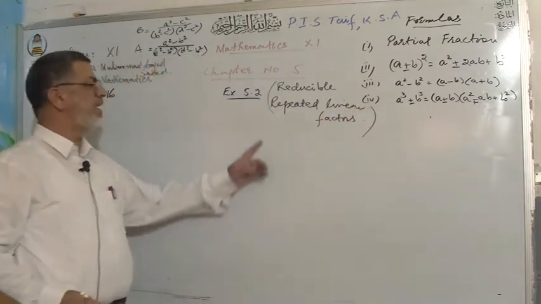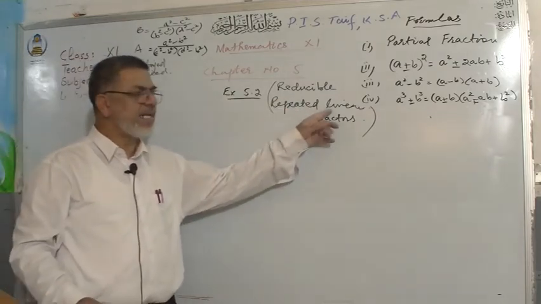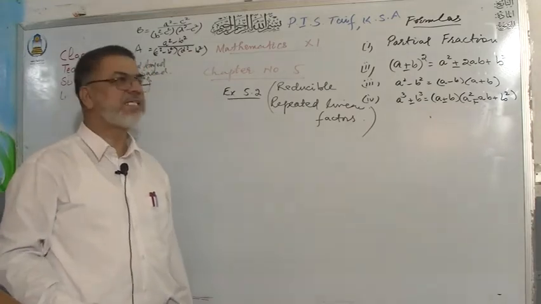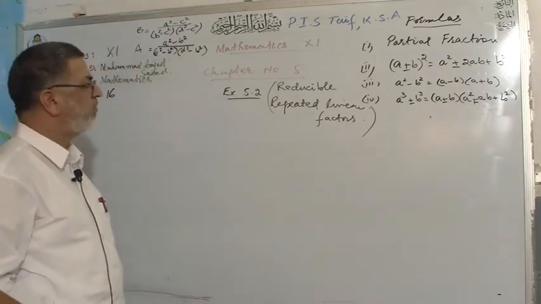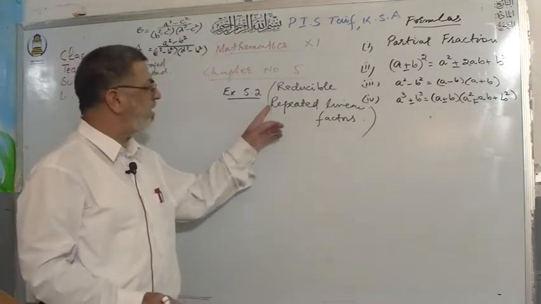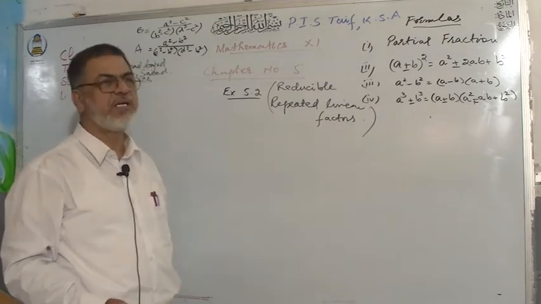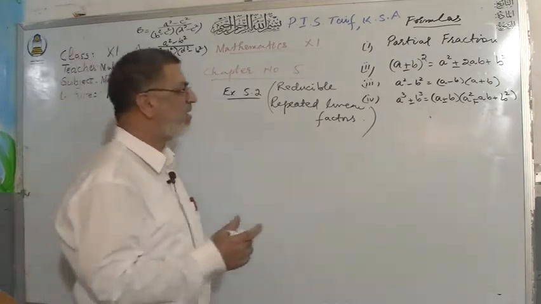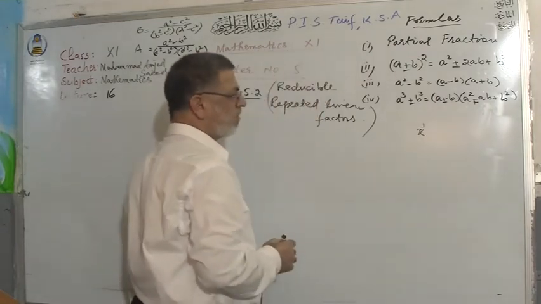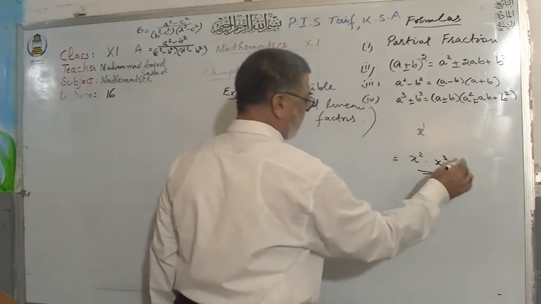Remember that in case of a linear factor, the maximum degree of the variable will be 1. And repeated means you will have 2 times, 3 times repetition of the same factor. For example, this is linear, and repeated means x square, x cube, like that.